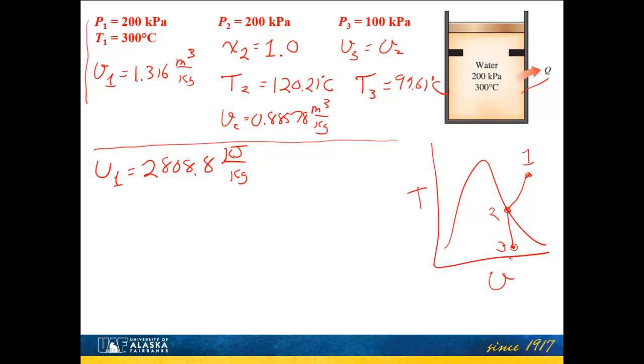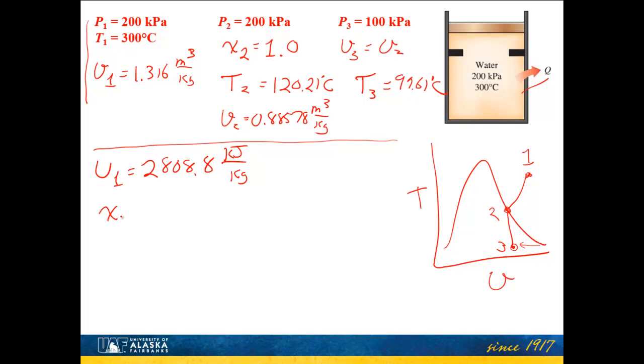We need to find the energy there, but now we've got a mixture. So we can't just simply look up the value of the internal energy, because it changes as I move across here between a liquid and a vapor. And so what I need to do is know how far across I am on this line, or in essence, I need to know what is my quality.